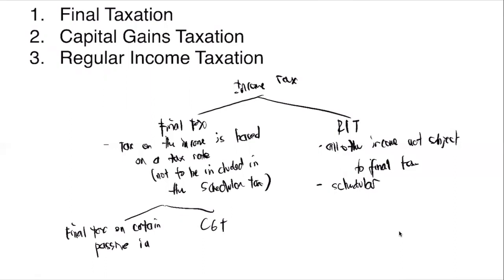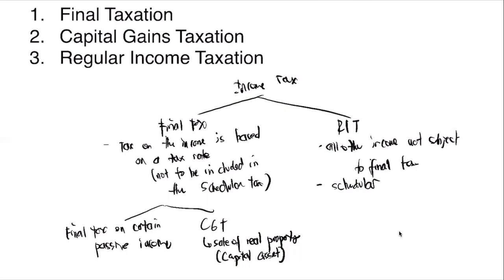So, in your final tax on certain passive income, these are enumerated under our tax code, such as your royalties, your interest, your dividends, your prizes, your winnings. Those are final taxes. And for your CGT, this is specific on the sale of real property that is considered as a capital asset.